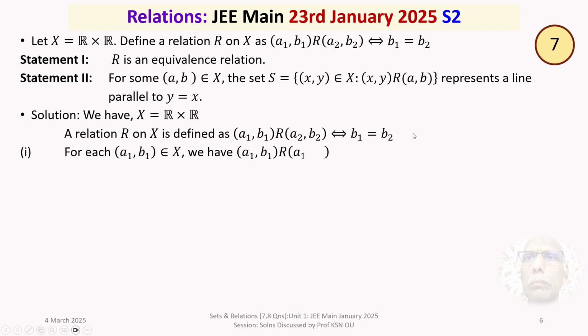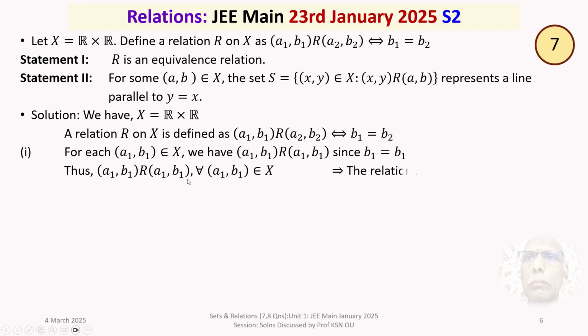We are now checking the properties of this relation R. Is it reflexive? For that, consider for each A1, B1 belongs to X, we have A1, B1 related to itself because their second components are equal, B1 is equal to B1. Thus, A1, B1 related to A1, B1 for all A1, B1 belongs to X. Thus, the relation R is reflexive.